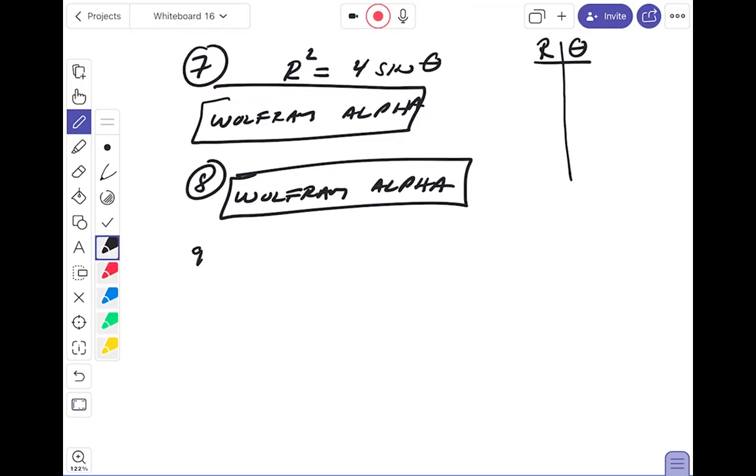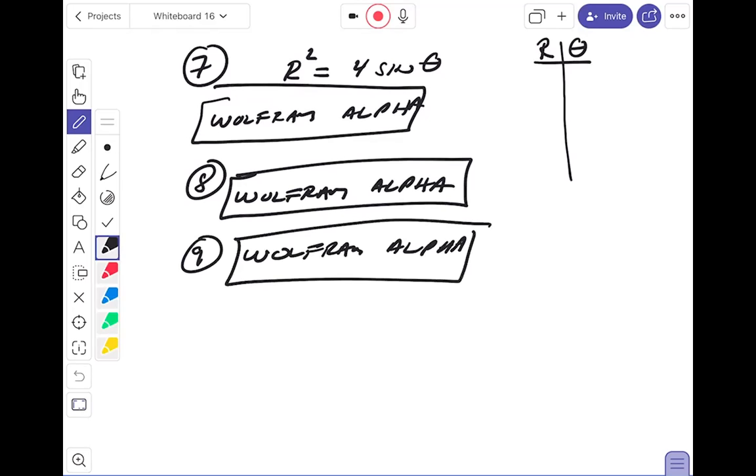Number 9, same thing. I'm going to use Wolfram Alpha, and I'll come back to it. All right. And keep going here. And these are tough graphs. I realize that. I think that was it. Let me make sure of that. Yeah, I think I'm good. I'm going to go to Wolfram Alpha.